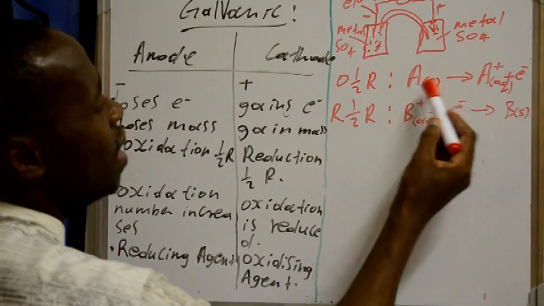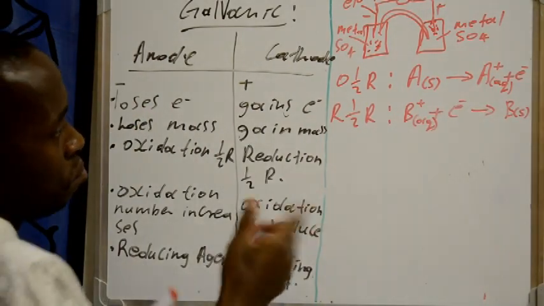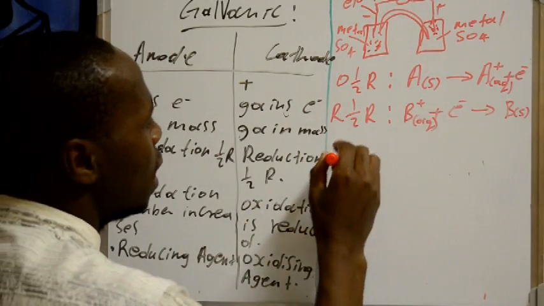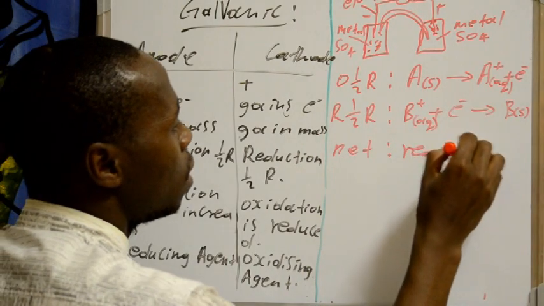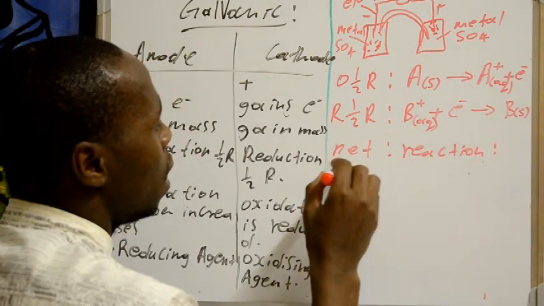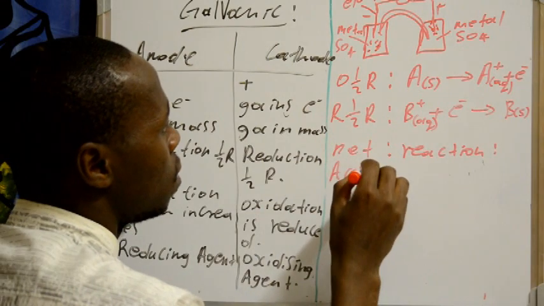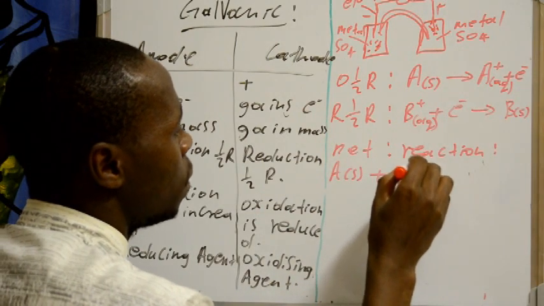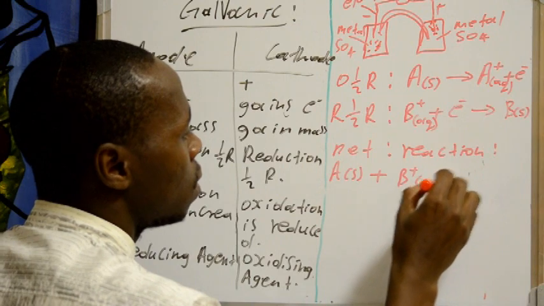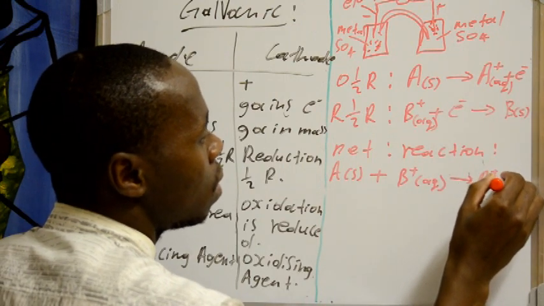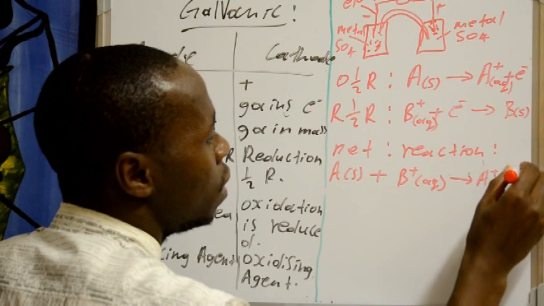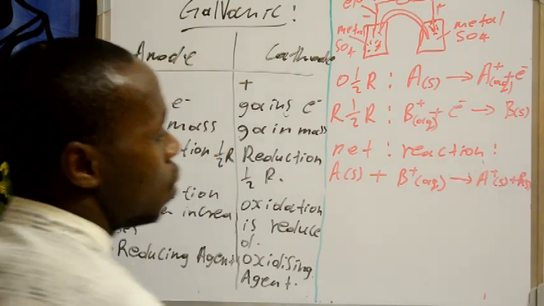Okay, let's first write the net reaction. So your net reaction here will be A solid plus B aqueous gives A aqueous plus B solid.